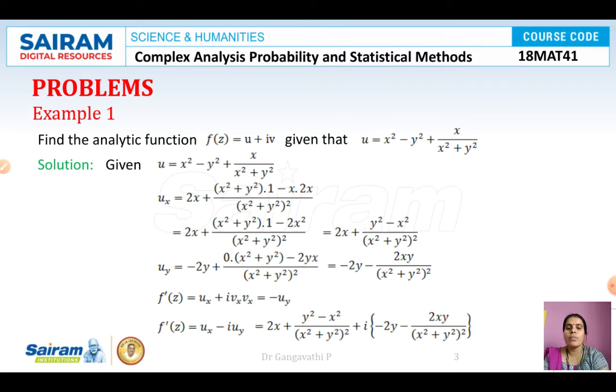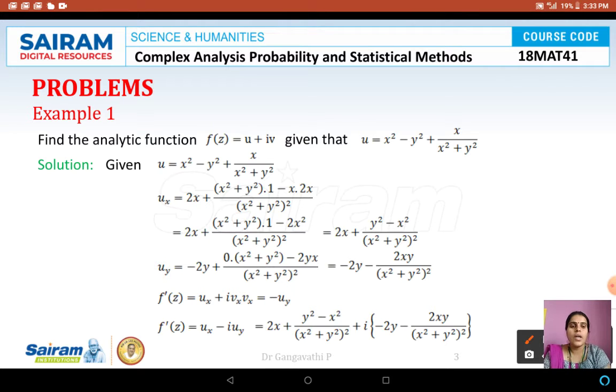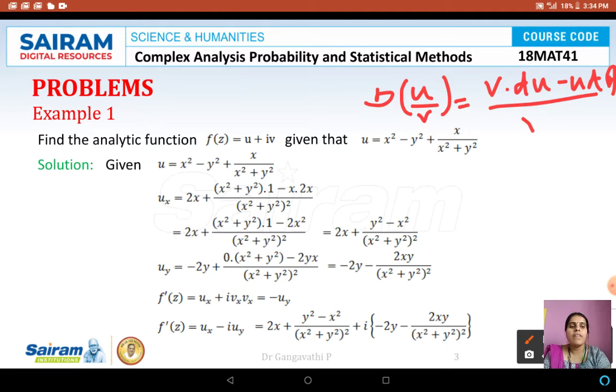What is the u by v formula? Try to recall. Differentiation of u by v is v into differentiation of u minus u into differentiation of v, divided by v square.